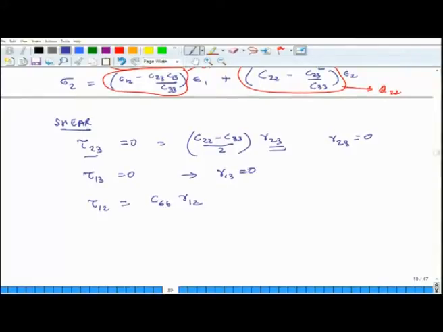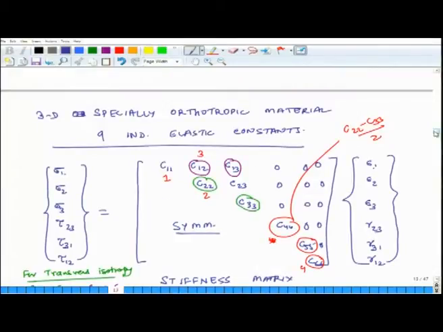In general, the full scale special orthotropic material we have shown. See, these were the equations for the full scale specially orthotropic material. It had 9 constants, 6 equations, but because of plane stress condition, these terms do not exist. So, 3 equations go away, and we are left with 3 equations only.